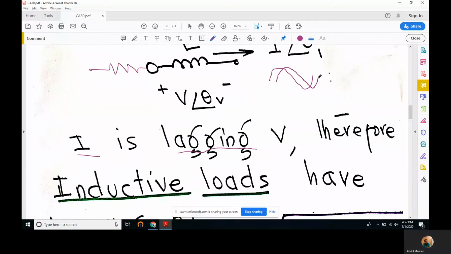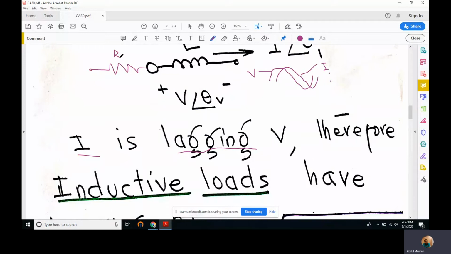I think I have no other option except choosing the same color. So this is the waveform for the current I. If this is the waveform for voltage V, this means current is lagging. Current starts after some time, if it is an inductor or a combination of a resistor and an inductor.